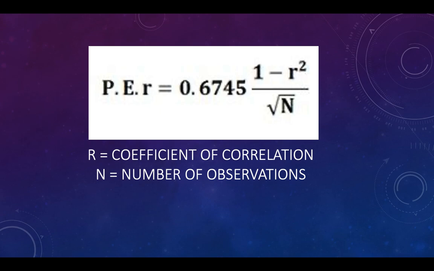In the previous example, I already told how to find the correlation coefficient, and the n value we already know. So we just have to put the values here: 0.6745 into 1 minus r square, r square is 0.95 square, then divided by root of the number of observations. So we find the probable error.